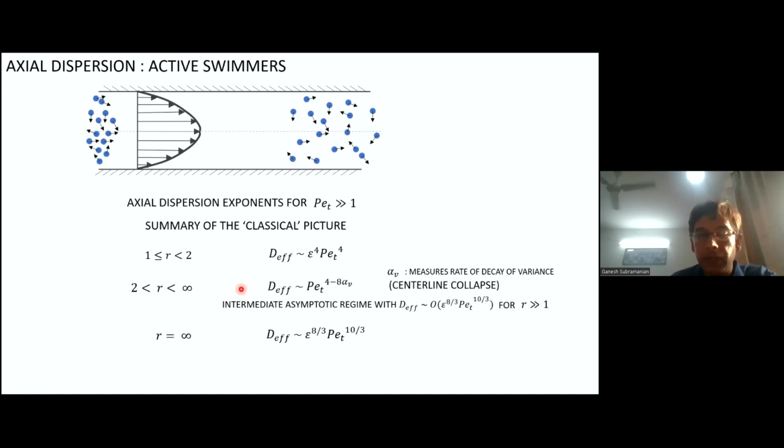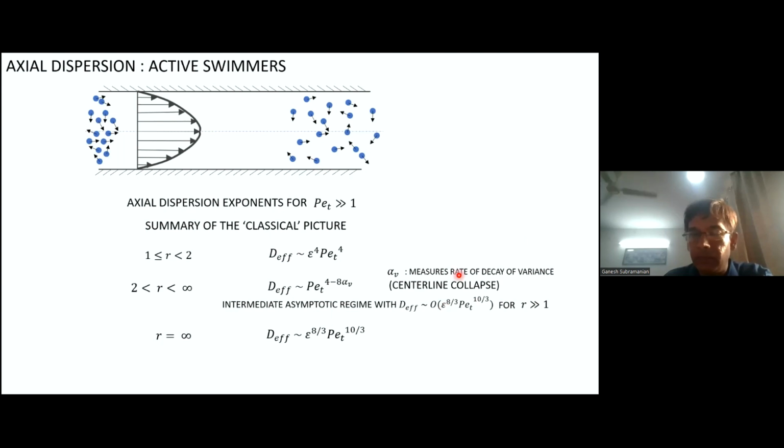For aspect ratios between 2 and infinity, you can conjure up a scaling argument similar to what I used for the original Taylor result, and you get 4 minus 8 alpha v. Here alpha v measures the rate of decay of the variance.